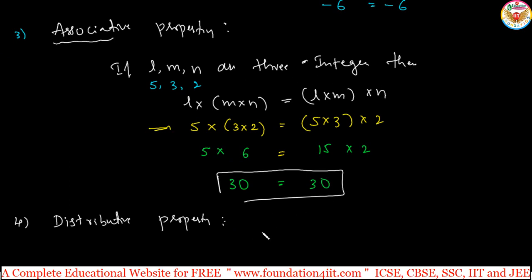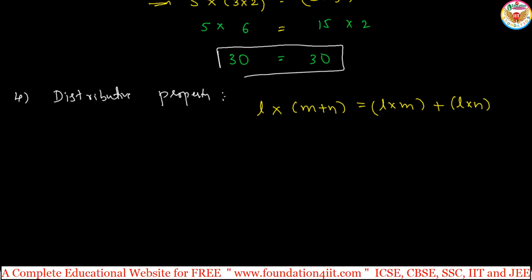Then L into (M plus N) is exactly equal to L into M plus L into N. L is distributing to M and N, and that's why you call it the distributive property. Let us take an example.